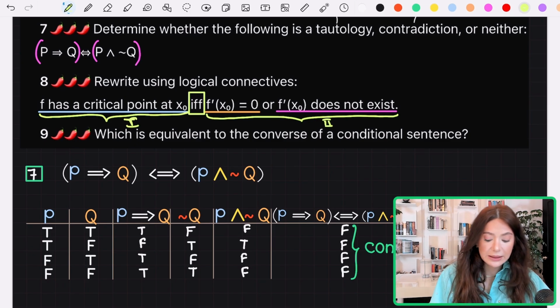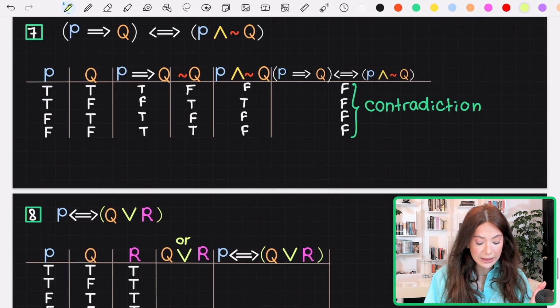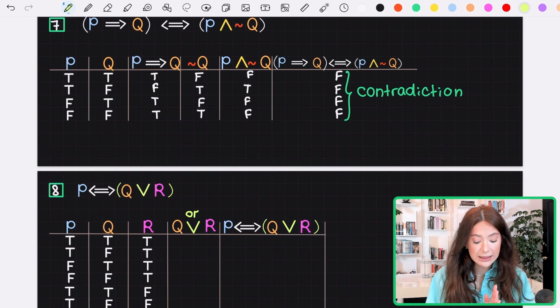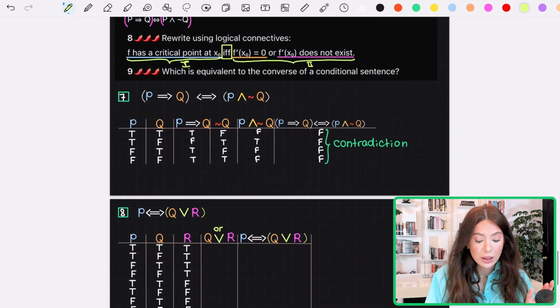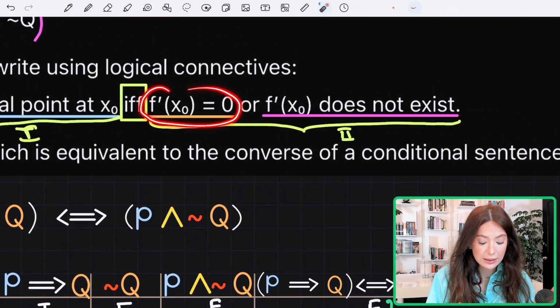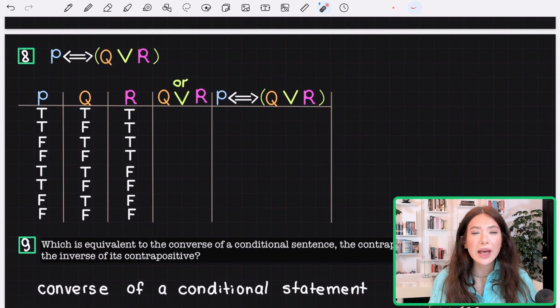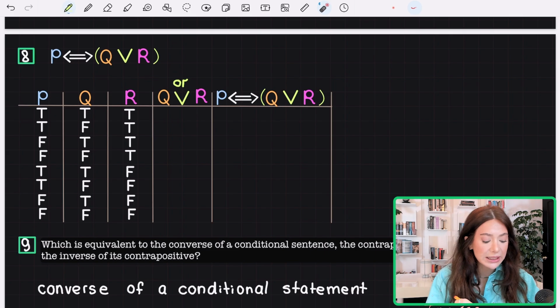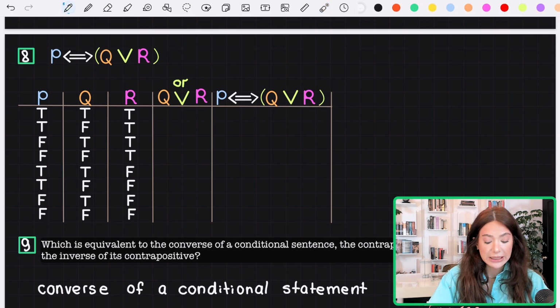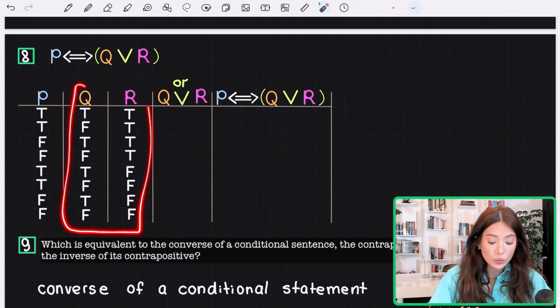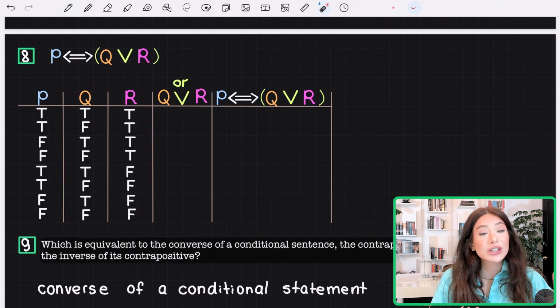All right, this is a biconditional, and the first statement is P, and the second statement is Q or R. So Q is this, and then R is this. So here's how I wrote this. And since I have that problem in level difficulty, let's go ahead and do truth tables for it too, even though that question didn't ask for it. Q or R. So I'm looking at these 2 columns here, and disjunction is not as demanding as conjunction.